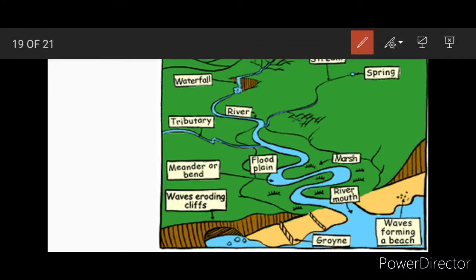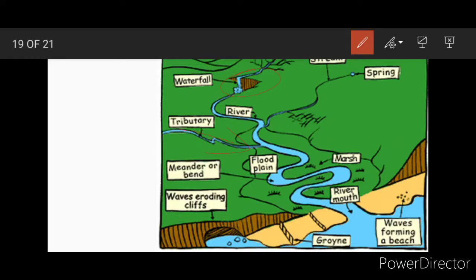So this here is a waterfall, then this is a river, then it also shows you tributaries. Now what are tributaries? Tributaries are smaller rivers that join the larger river. That means this moves in this direction towards the river.